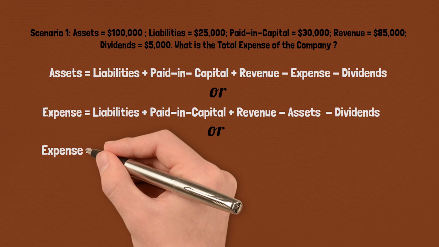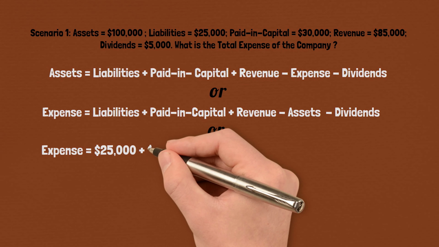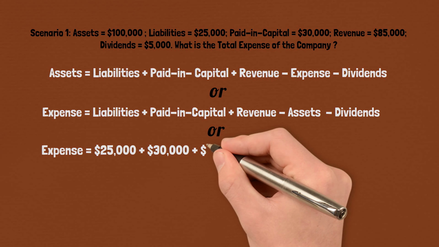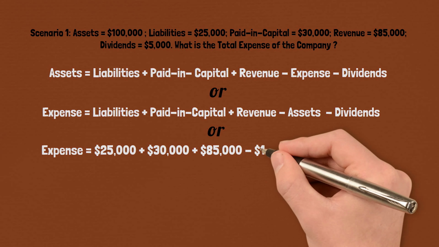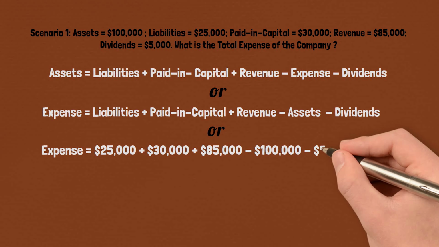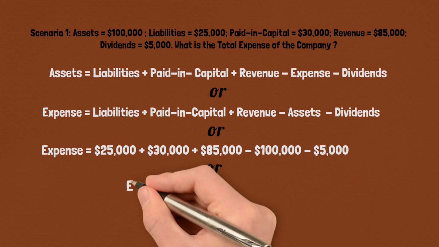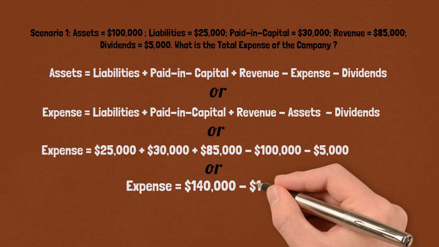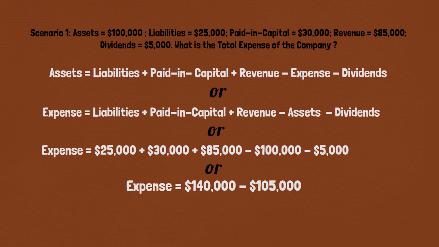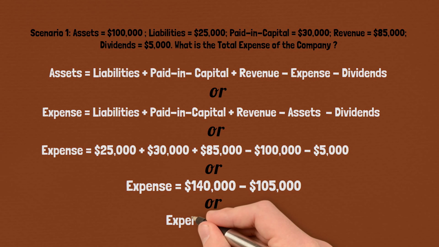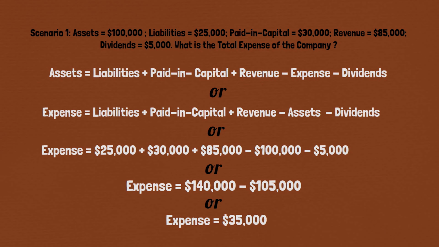In the next step, we are going to add liabilities worth $25,000, paid in capital $30,000, revenue $85,000, and then deduct assets and dividends worth $100,000 and $5,000 respectively. In the next step, we are getting $140,000 minus $105,000. So the expense of the company is $35,000.